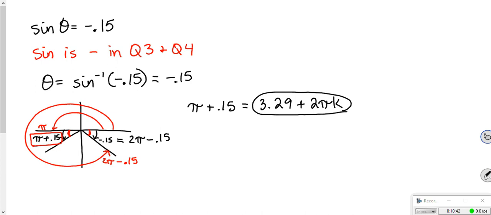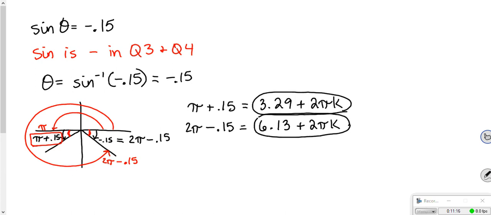Okay, then we're going to put a comma between them. Our other answer is 2 pi minus 0.15. Again, you poke that in a calculator, you get 6.13. But again, that cycles every time you go around the circle. It occurs in that same place. So how do you get from one of those to the next? You add 2 pi to it. So this is 2 pi k, depending on how many times you go around the circle. That's what the constant k stands for.